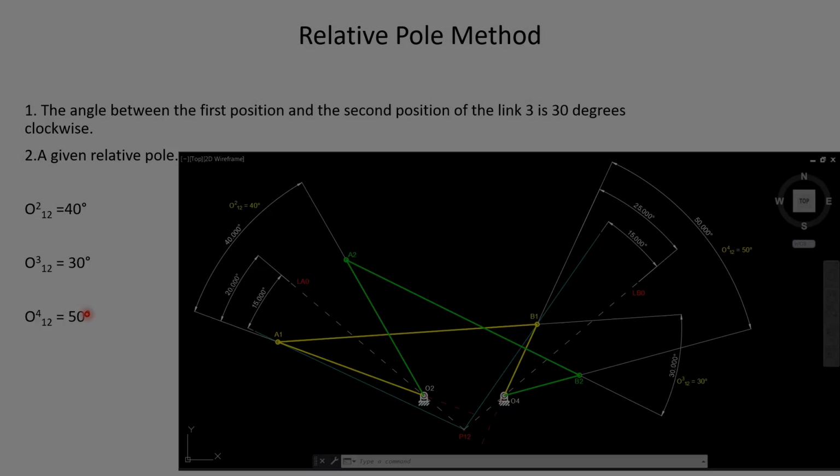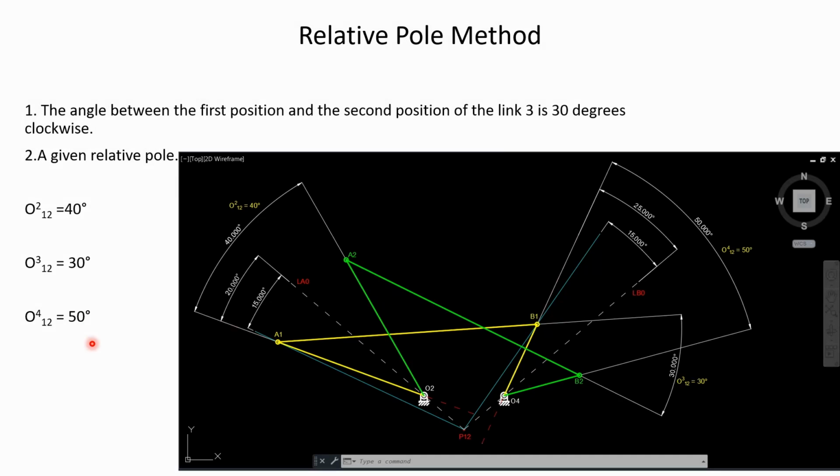In this tutorial, we're going to do a relative pole method, but in this given example, we need to draw our links at a given angle between each other.